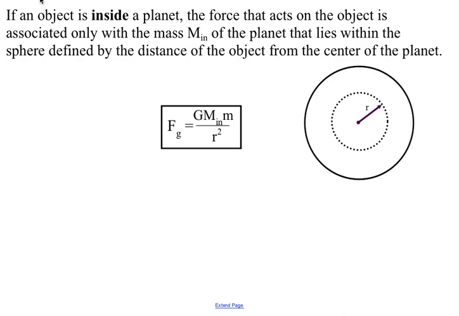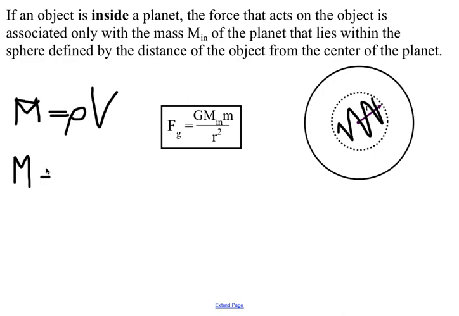Since the mass of this piece here is the density times the volume, where this is rho, the density, that means that M equals rho times 4/3 pi r cubed.